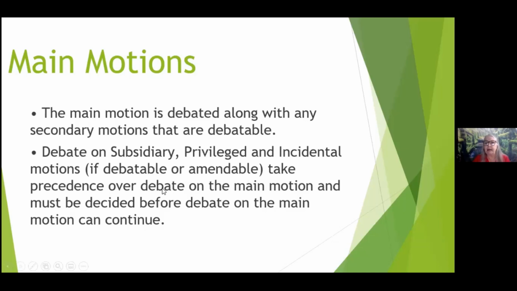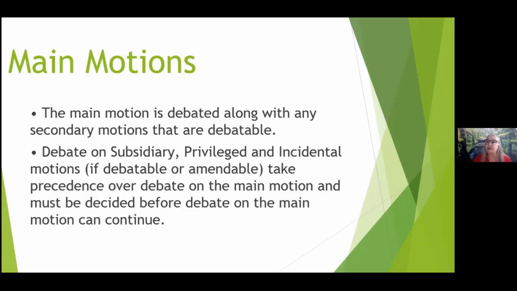It can be debated along with any secondary motions that are debatable, which would be the amendments. And a privileged motion takes precedent over debate on the main motion, and it must be decided before that main motion can move on. That's probably something you won't get into at your local meetings.